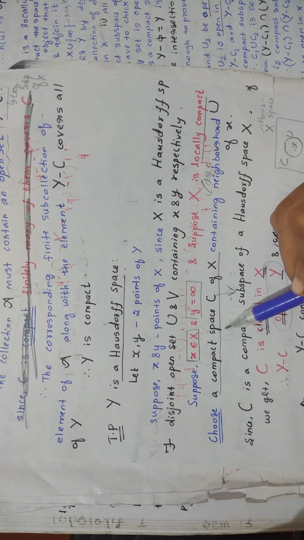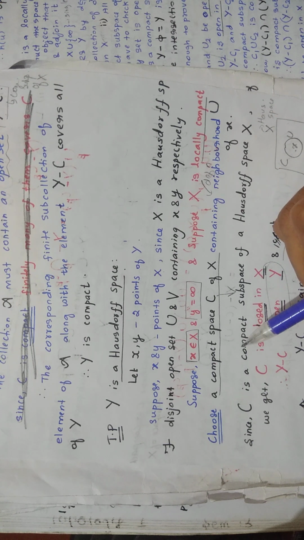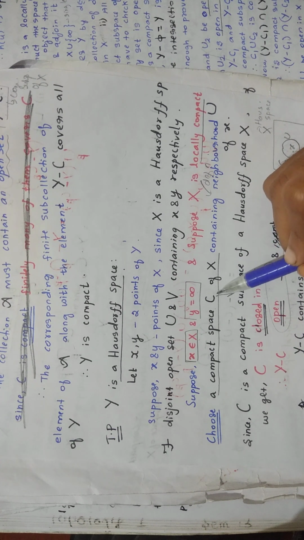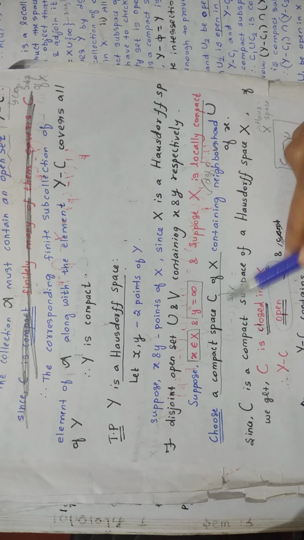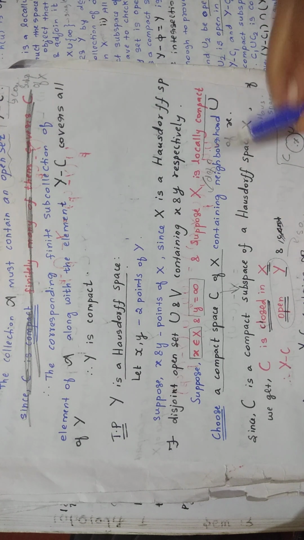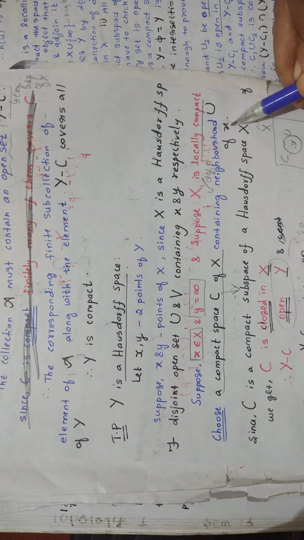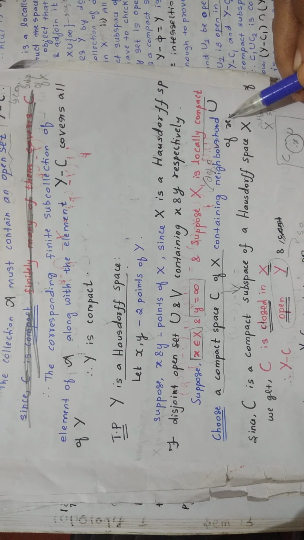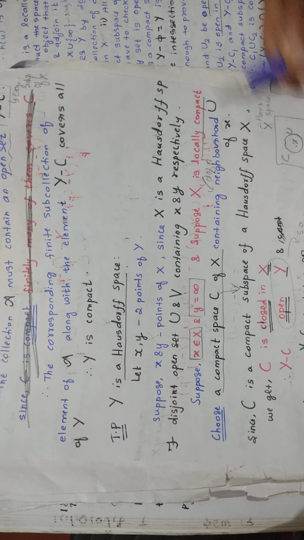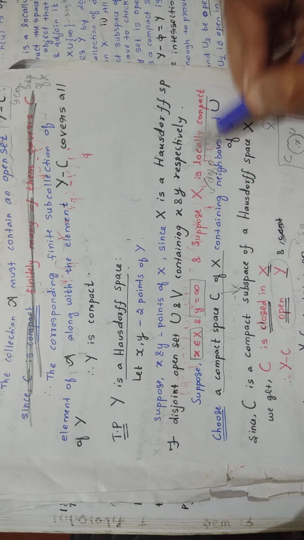Therefore we choose a compact space, named C of x, containing this point. This compact space should contain a neighborhood of x, which is U. That neighborhood is present inside the compact space. How are we writing all this? Because X is locally compact.